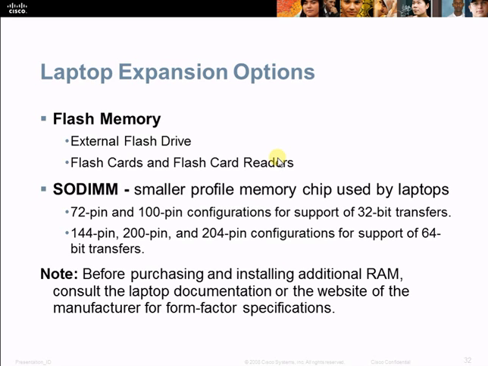There are also 144, 200, and 204 pin configurations for 64-bit transfers. Remember, before you buy any RAM for your laptop or you're doing an upgrade for a client, you want to visit the manufacturer's website and consult the form factor specifications for your particular laptop or the one you're working on for your customer.